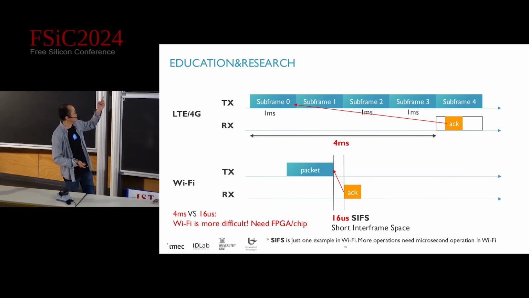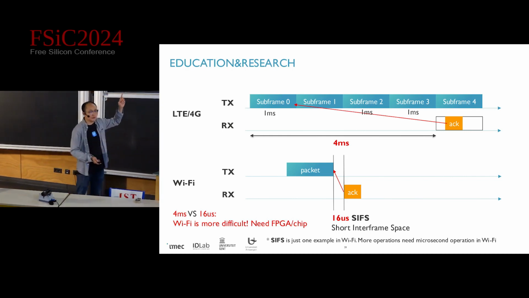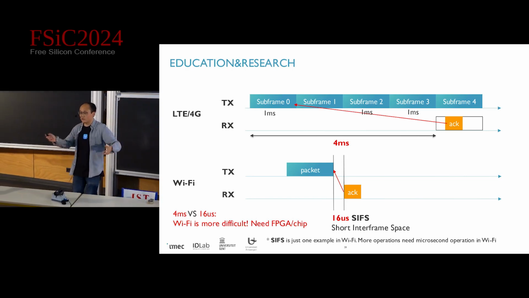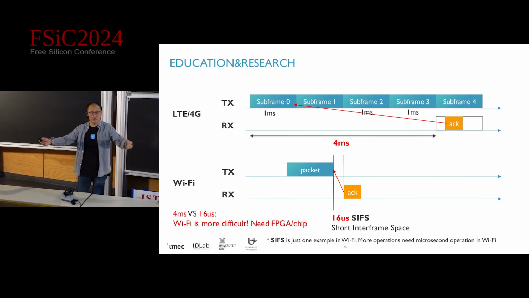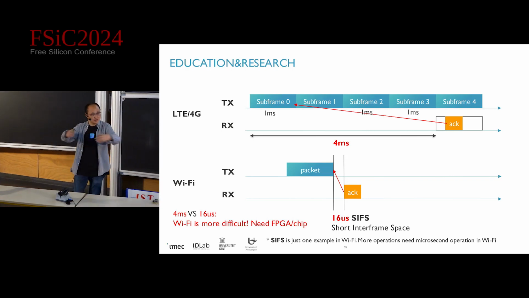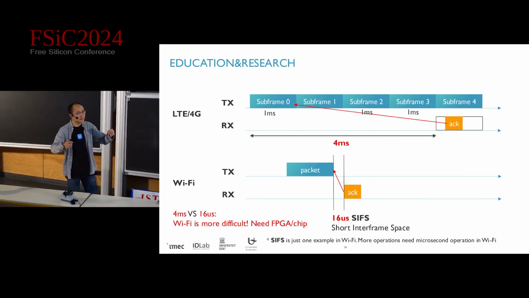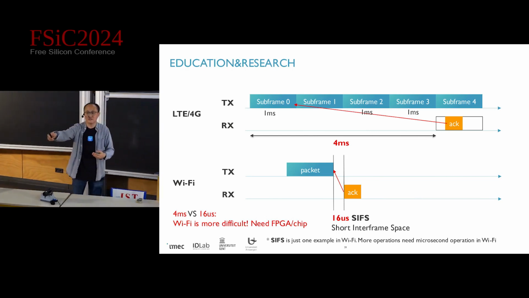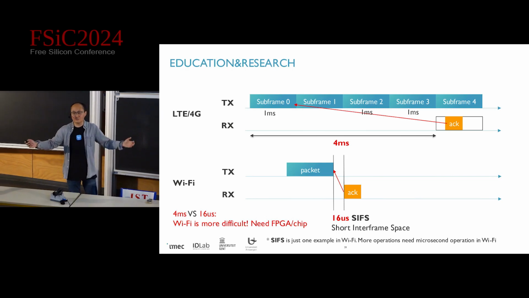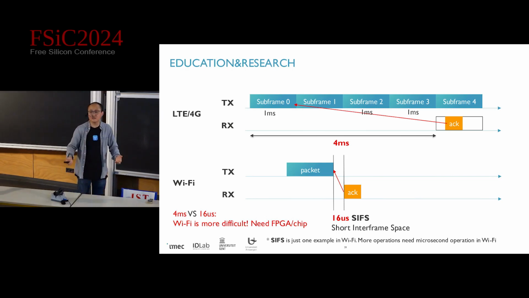But the Wi-Fi protocol is very different, because Wi-Fi works in a shared channel, the ISM band. All the stations equally compete for the channel. You can't schedule a response after 4 milliseconds. That's too long. Every other station would wait for your transaction to finish.